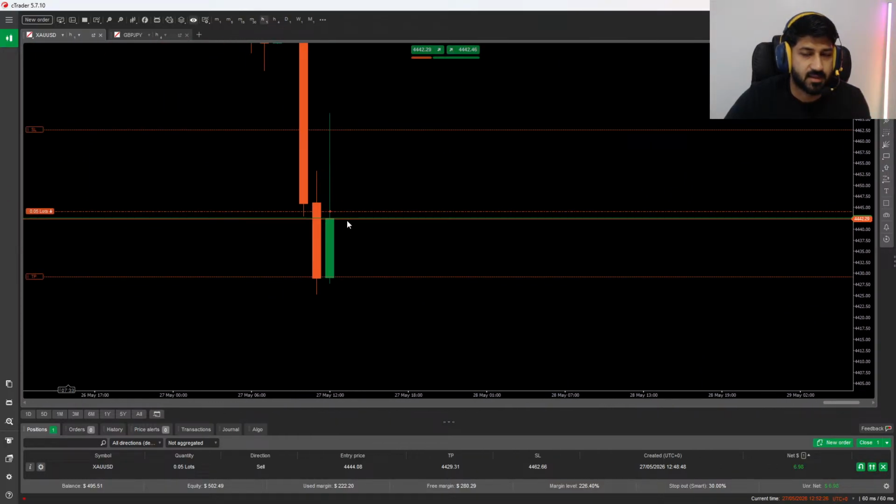See, the only thing that I don't like in this trade is that 1 hour is closing, forming some sort of support.